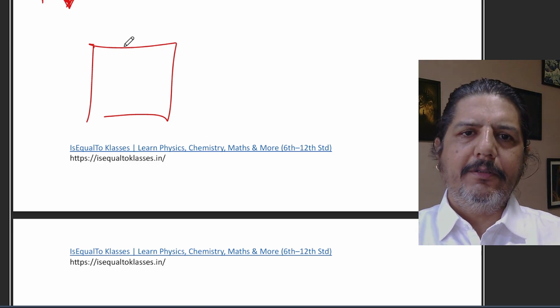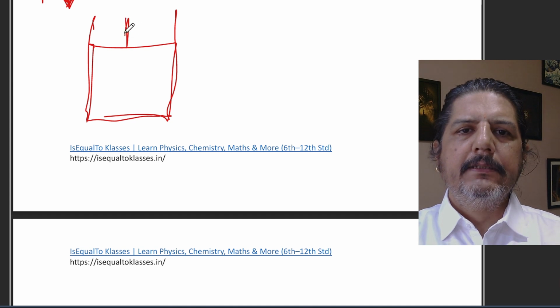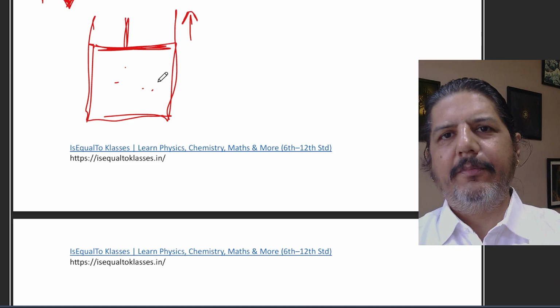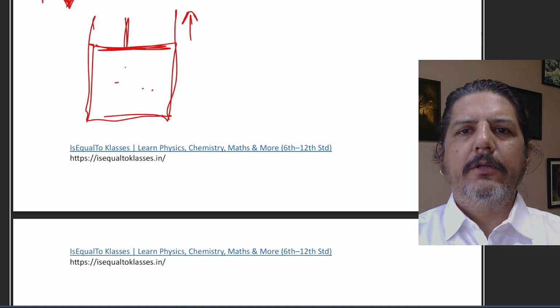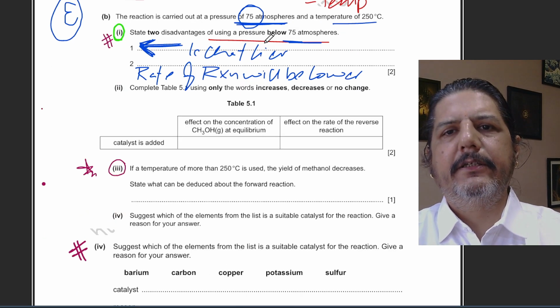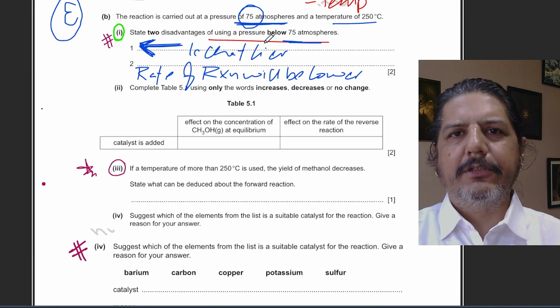So as we decrease the pressure, so for example, if this was the pressure of the system and I decrease the pressure, the number of successful collisions for a reaction to take place will decrease.